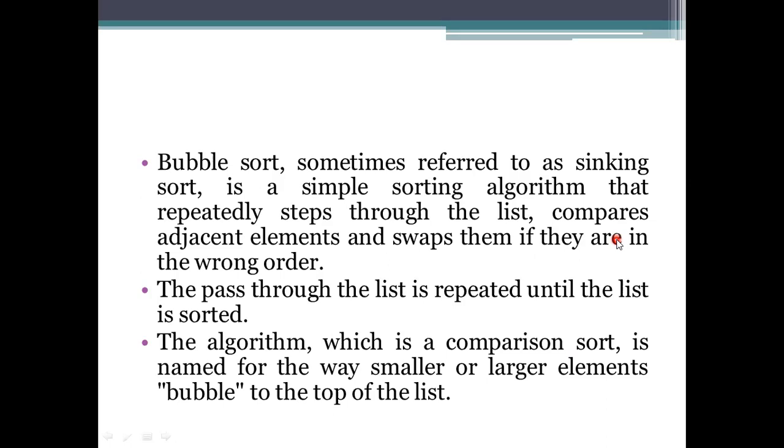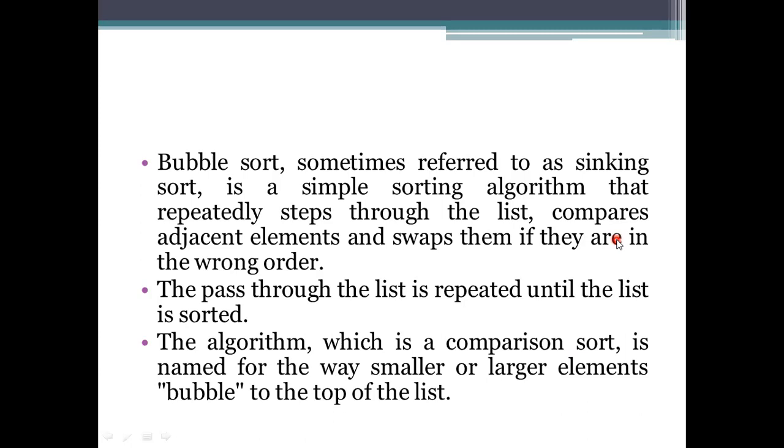We won't stop the processing until the element reaches its own position. We will stop there, and that process is specified as a pass. So it's first pass, second pass, third, and so on.